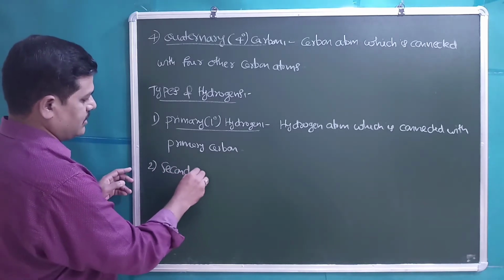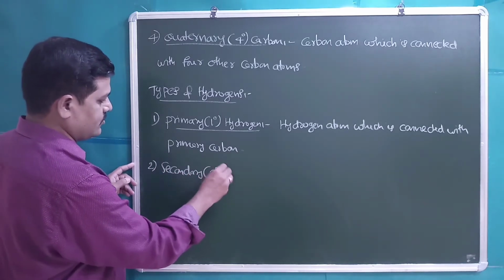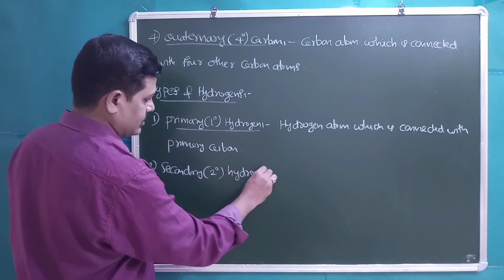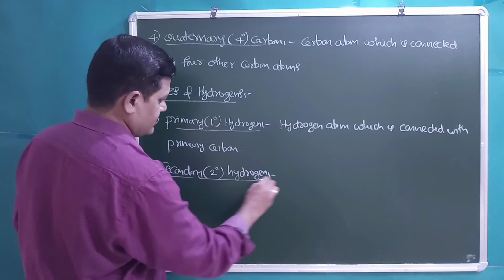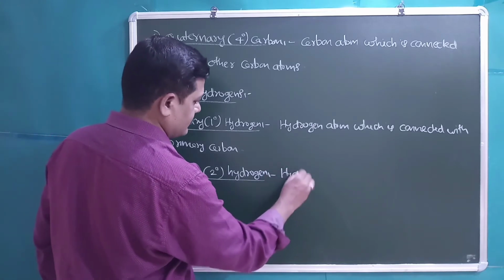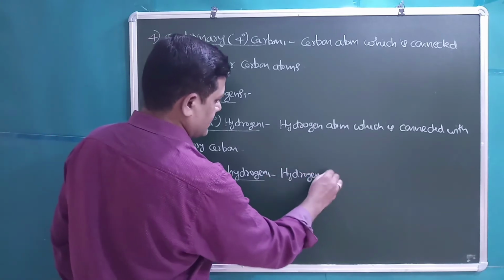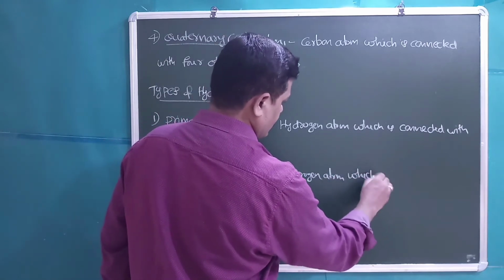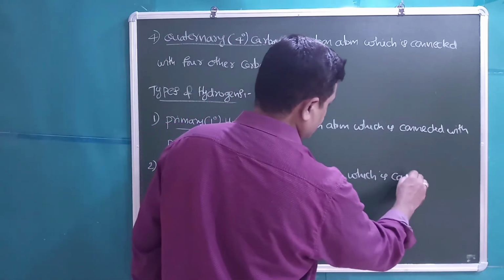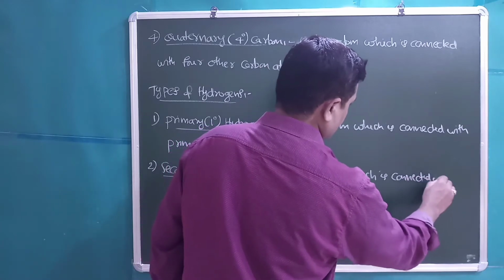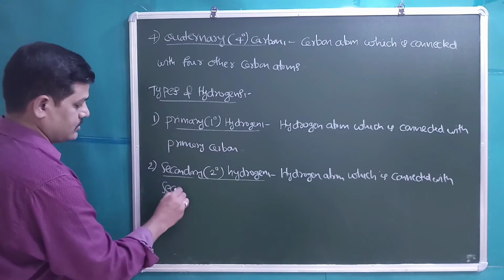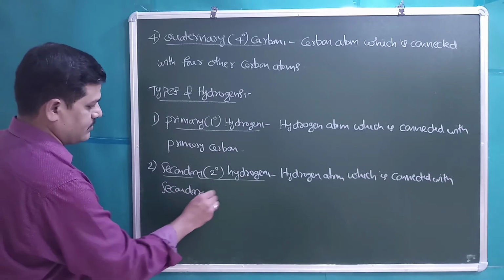Secondary hydrogen is indicated with the 2 degree hydrogen, that is, a hydrogen atom which is connected with a secondary carbon.